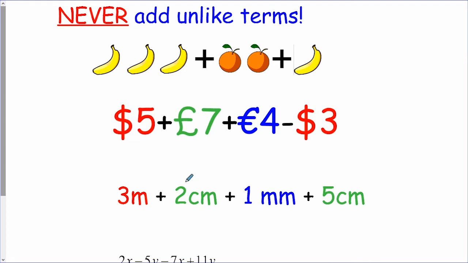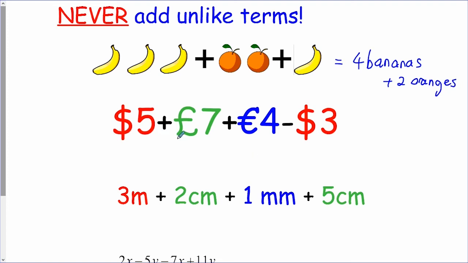Okay. Big rule in algebra, never add unlike terms. So if you've got 3 bananas, 2 oranges, and another banana, then altogether you've got 4 bananas plus 2 oranges. You cannot combine them to get orange bananas because bananas are yellow.